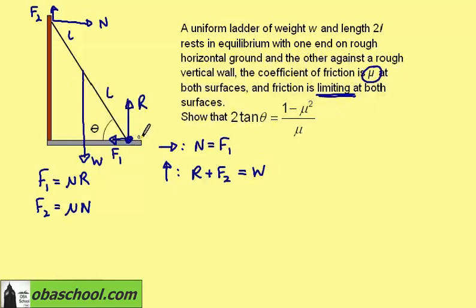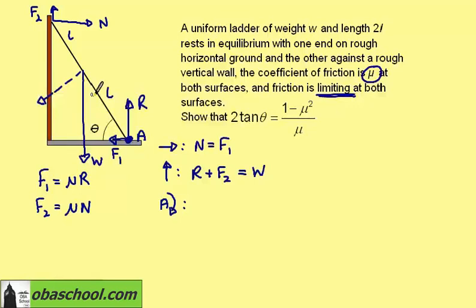We can also take moments about A. In order to take moments about A, we may need to do some resolving. R and F1 have no turning effect about A, but W does. The component in this direction will give us a turning effect.